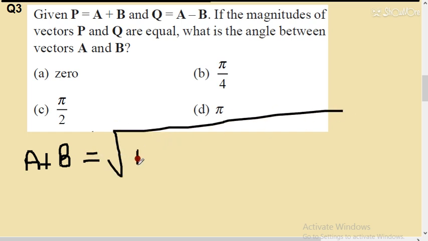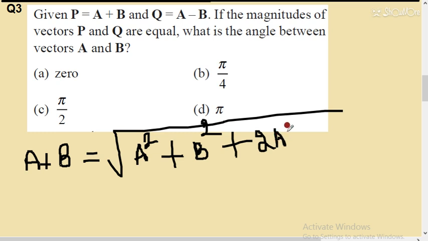This video can be lengthy and slow, you can increase the speed of the video by selecting the playback speed 1.75. This is the magnitude of a plus b.